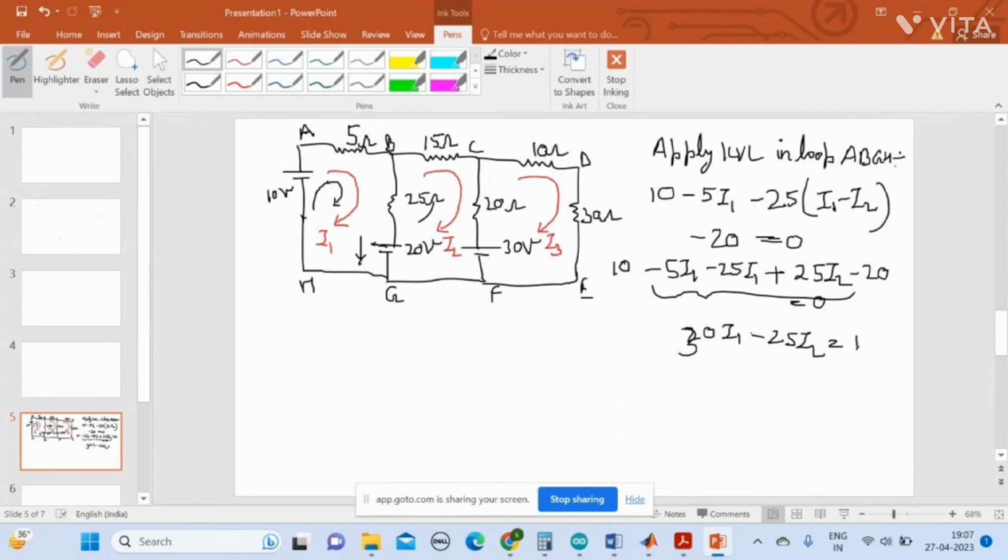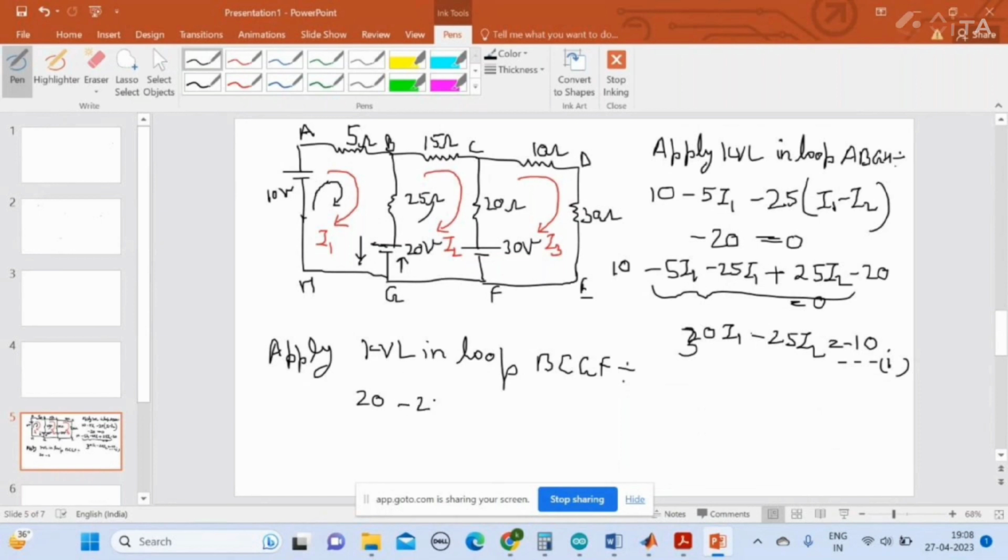Now we will apply KVL in loop B, C, G, F. Therefore, we will get an equation like, here we will consider the direction of I2. Therefore, the direction of current across 20 volt will be from negative to positive. Gain is occurring. Therefore, it is represented by plus 20, and potential drop across 25 ohm is minus 25 into I2 minus I1.